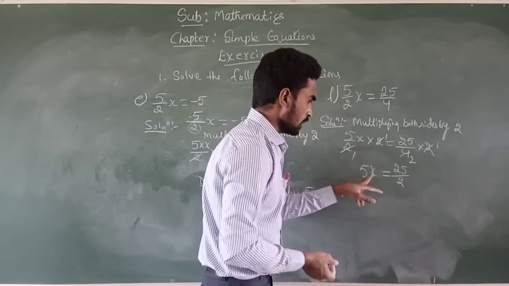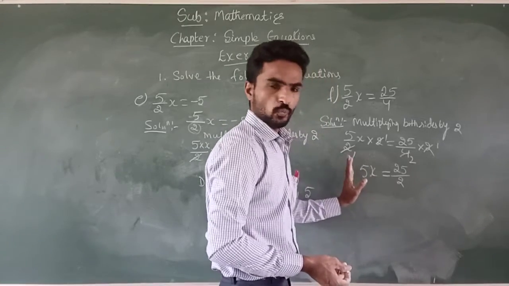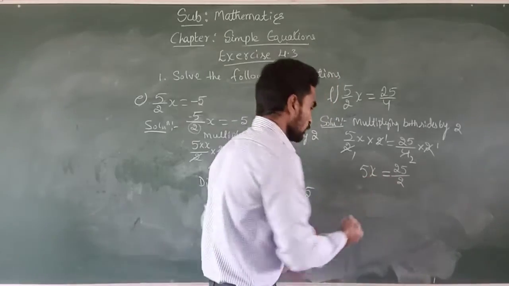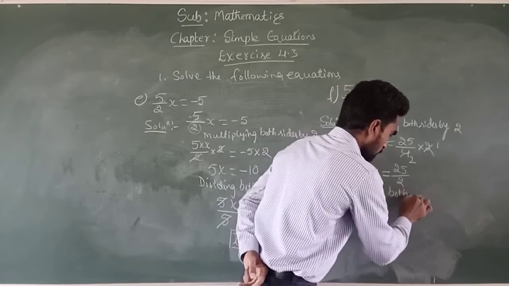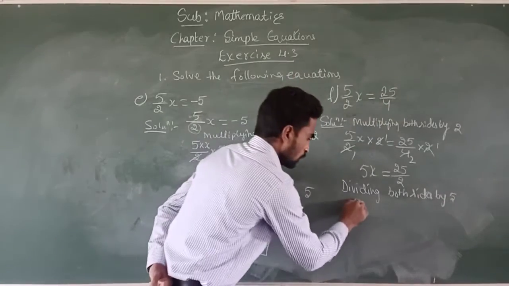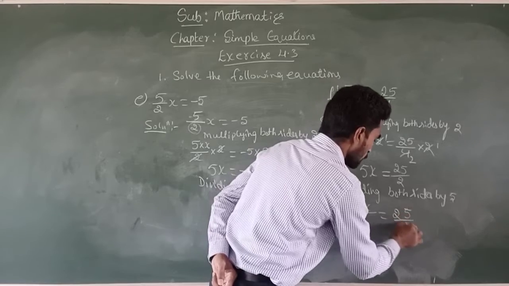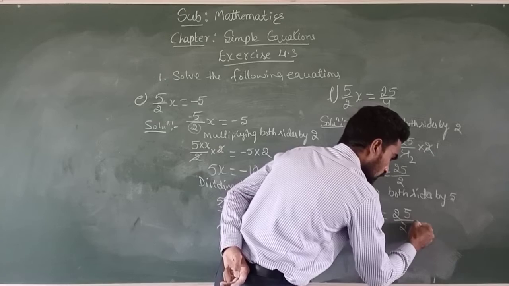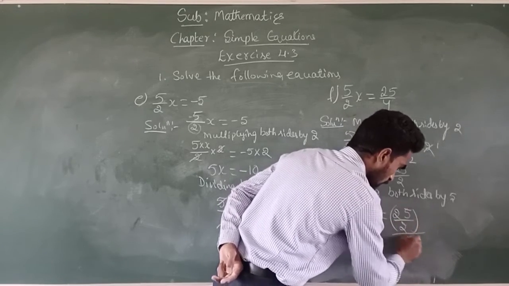Observe this LHS. Here the coefficient of x is 5. For cancelling this 5 we can divide both sides by 5. Dividing both sides by 5, we get 5x divided by 5 is equal to 25 divided by 2, that divided by 5.